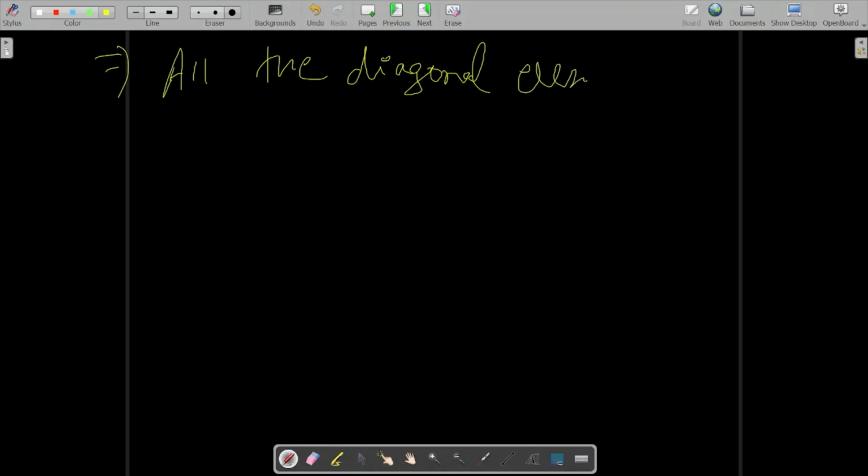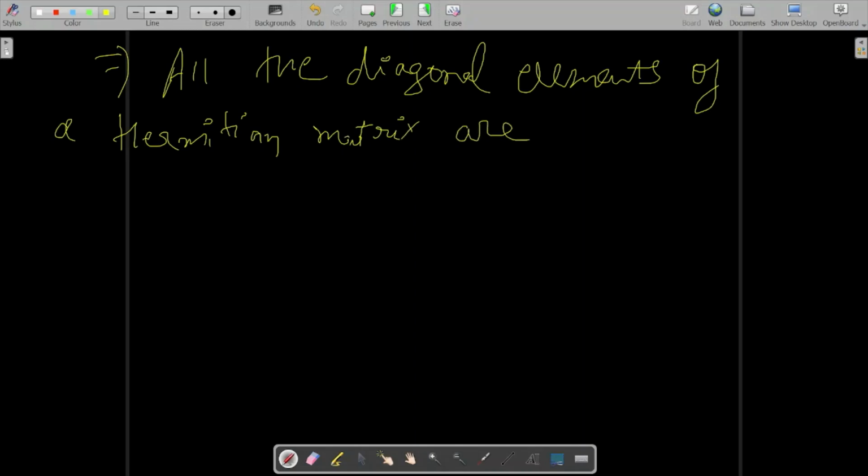So all the diagonal elements of a Hermitian matrix are real.